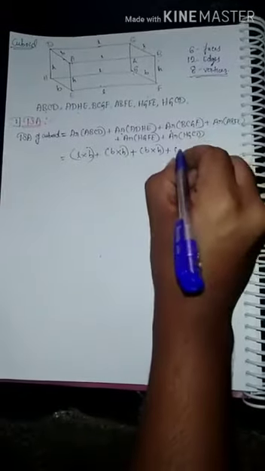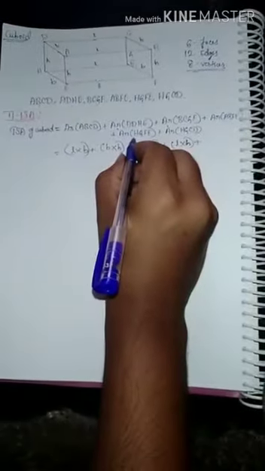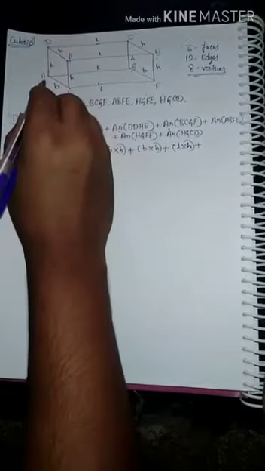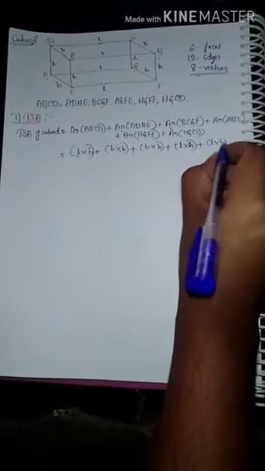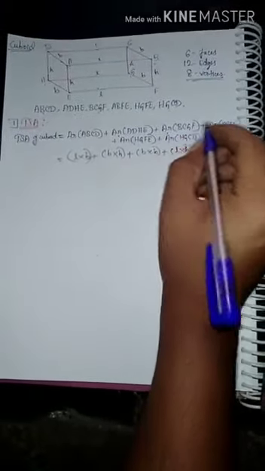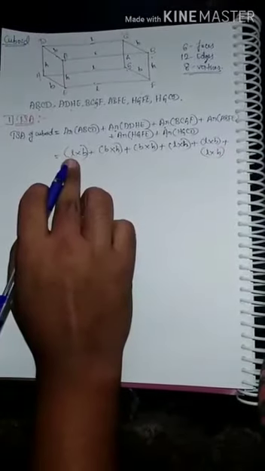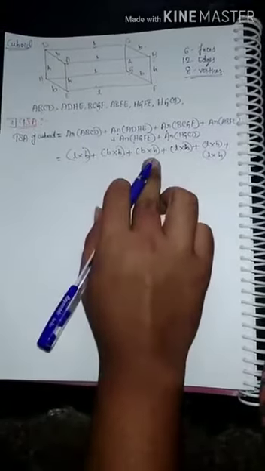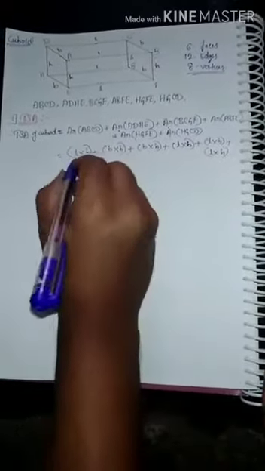Area of ABFE, length into height. Area of HGFE, length into breadth. And area of HGCD, also length into height.